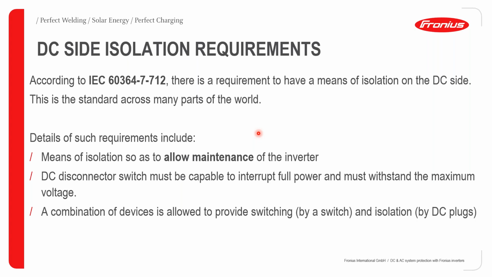By requirements, you should have a way of isolating the DC power that is coming to the inverter. A DC disconnector switch used for that purpose must be capable of interrupting or withstanding the maximum power that can be generated on the DC side, as well as the full voltage that is coming from the DC side.